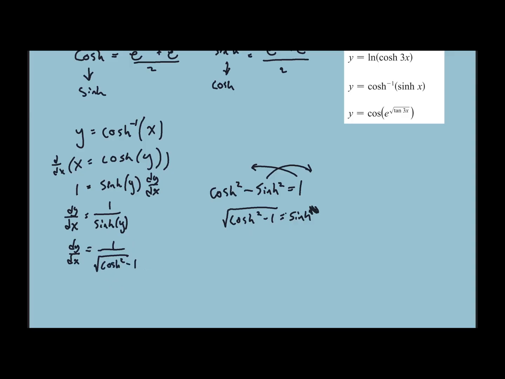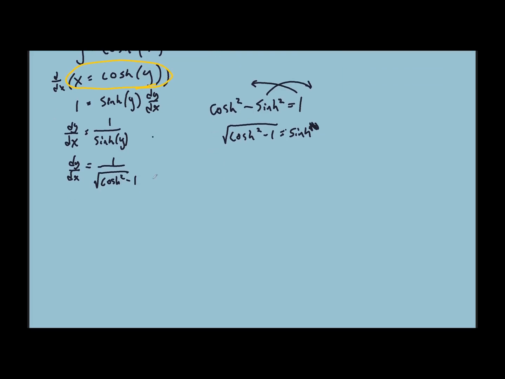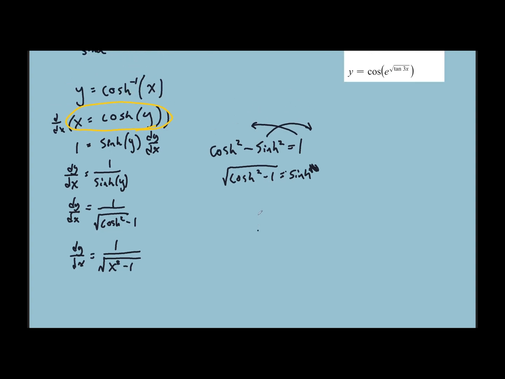Why would I do that? Because we know x is equal to hyperbolic cosine of y. So we say dy dx is equal to 1 over the square root of x squared minus 1. And I'm sorry I didn't put the y in here. I'm just moving quickly, and I assumed you understood there. So now we know the derivative here.